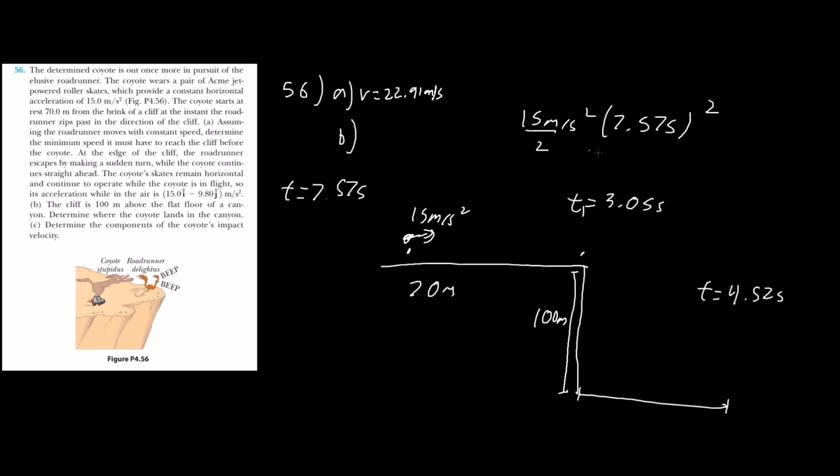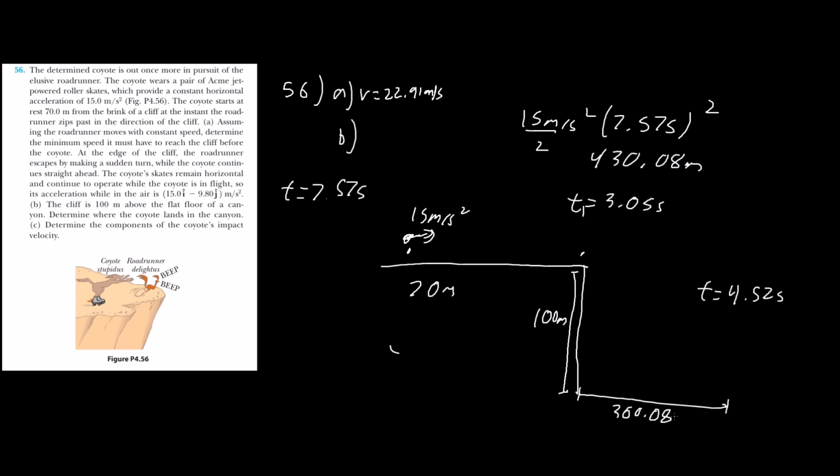So I ended up getting 430.08 meters. Now, keep in mind, folks, I am not blindly putting in numbers. Make sure you read the math, because what I actually found is the whole total distance. So I'm going to have to take the minus 70 difference into account to get this distance, which is going to be 360.08 meters.